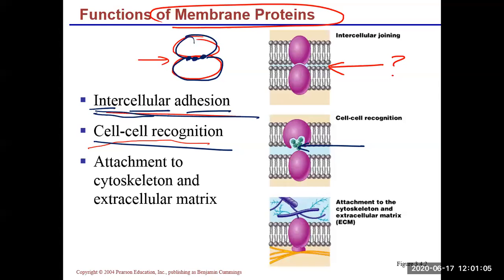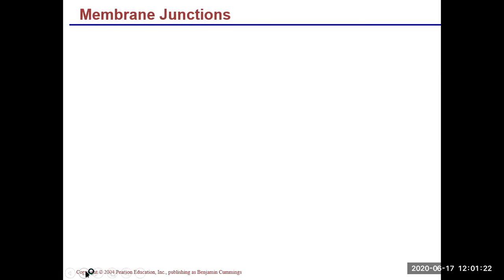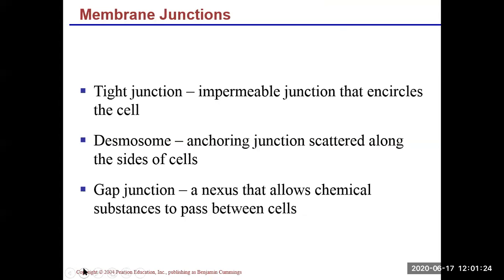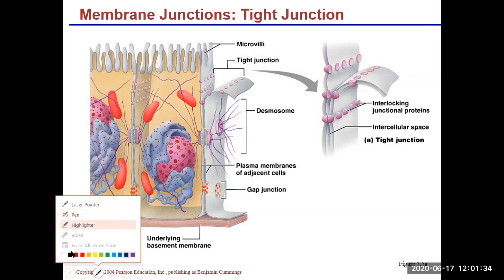Next up, we can take a look at membrane junctions. There are 3 different types of membrane junction. One is called the tight junction, which is kind of like the intercellular adhesion that we discussed. That's the same thing.